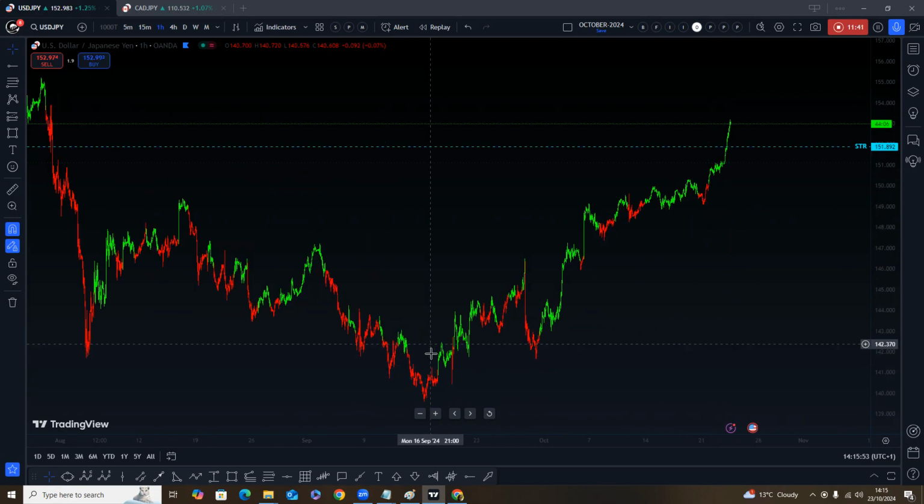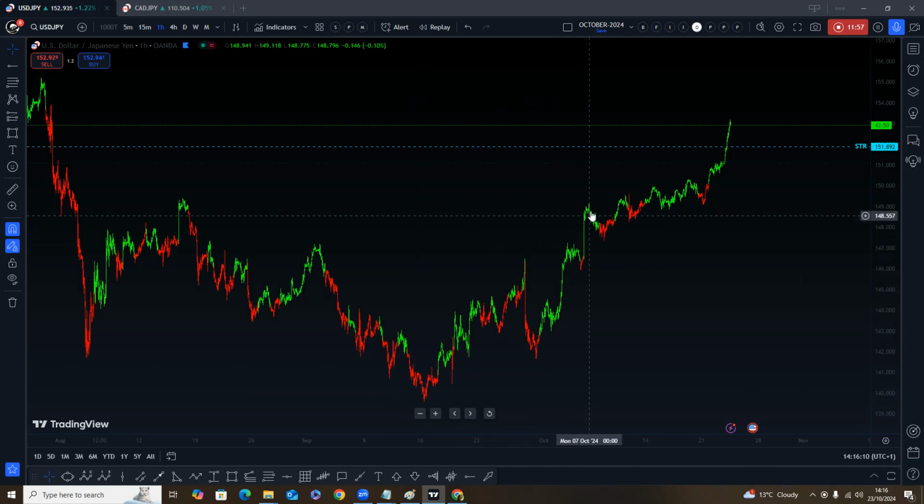How many waves do we have here? This is a structure ABC, 1, 2, 3, 4, 5. That is one part of the wave structure. You can call this 0, A, B, then 1, 2, 3, 4, 5, 1, 5, 2, and the third wave is going on.